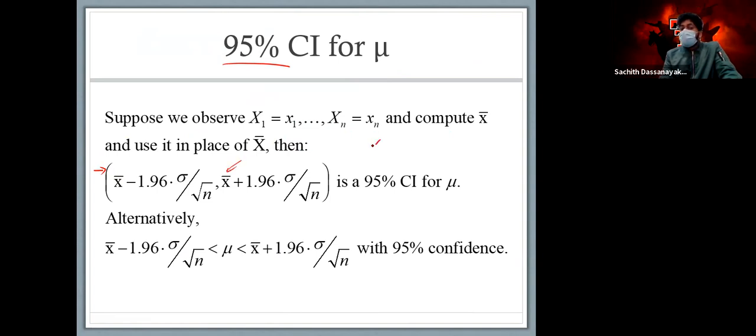Because x bar is the point estimator for mu. So that's why we use x bar. You can write these confidence intervals within brackets like this, using lower bound and upper bound, or you can simply use greater than and less than symbols.